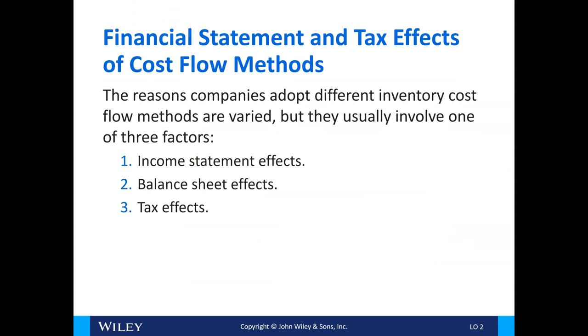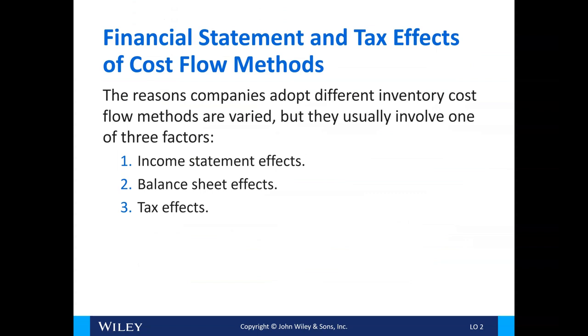The reasons companies adopt different inventory methods are varied, but they usually involve either income statement effects, balance sheet effects, and tax effects. And you can do things differently per GAAP compared to how you do them for your income taxes. And normally for income taxes, you want to have the lowest income possible so that you pay the lowest taxes.